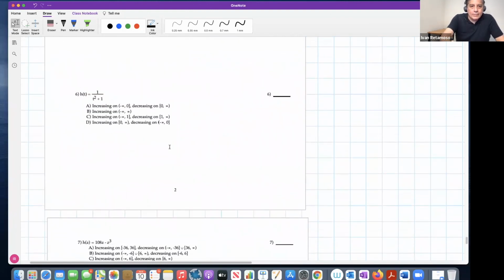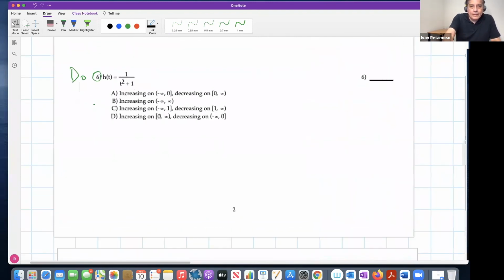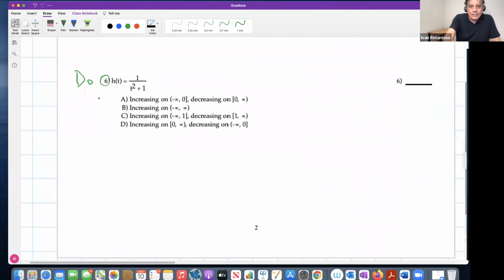Can you try this with rational functions? Yeah, this is the derivative. No, this is the function. So h of t equals 1 over t squared plus 1, right?